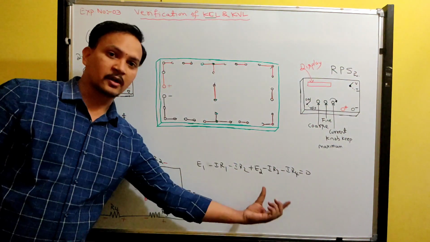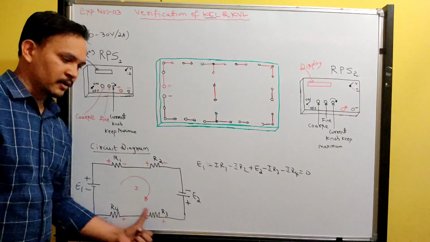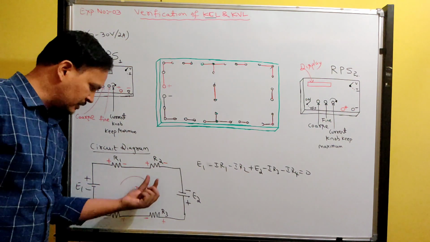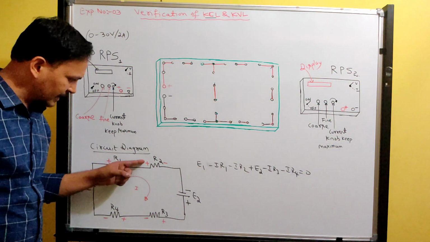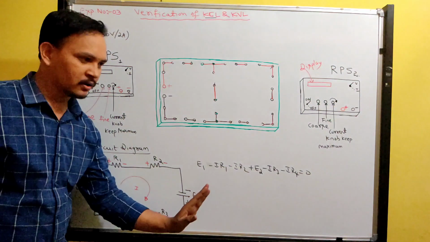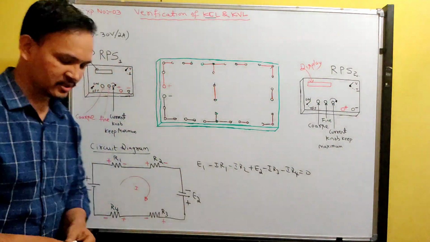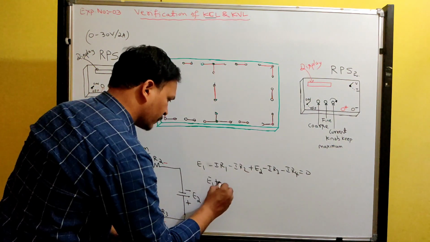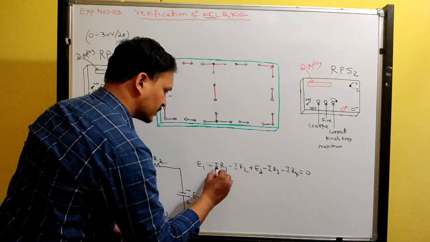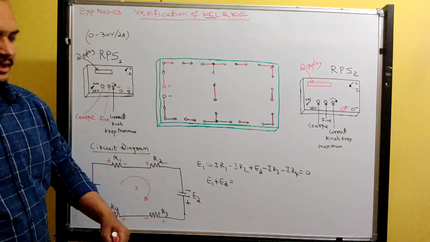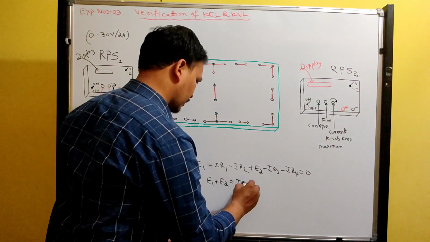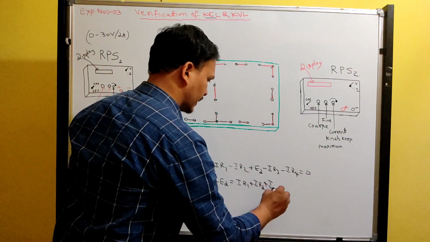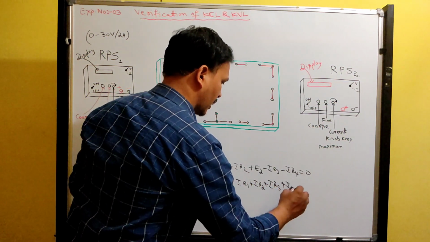This is the KVL statement. In any closed circuit, the algebraic sum of all the EMF sources and individual potential drops, taken with proper sign convention, adds up to 0. Got it? Now group all the EMF sources, E1 plus E2, and shift all the drops to the right side. They become positive: IR1 plus IR2 plus IR3 plus IR4.